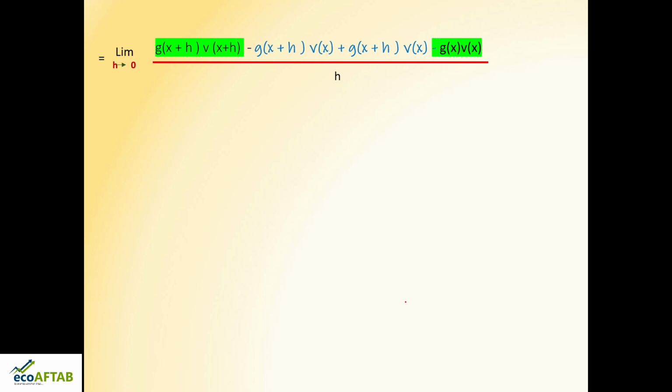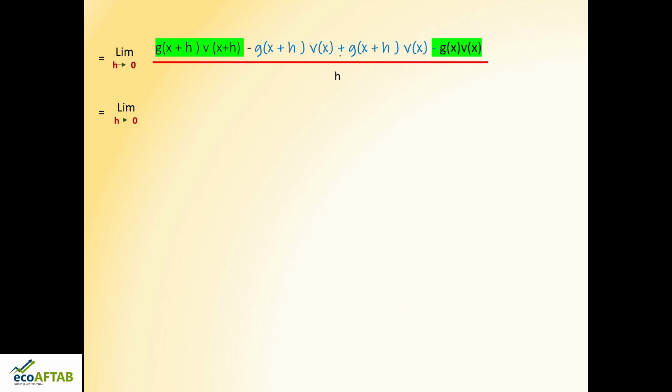Once we have done this, the next step is limit h tends to 0. We will break this particular function into two parts. So, how are we going to do it? The minus g of x plus h into v of x will be one part, and the plus g of x plus h into v of x will be the other part.